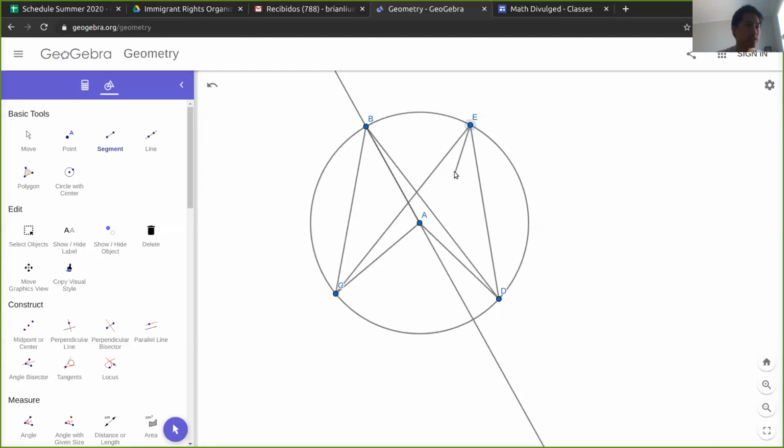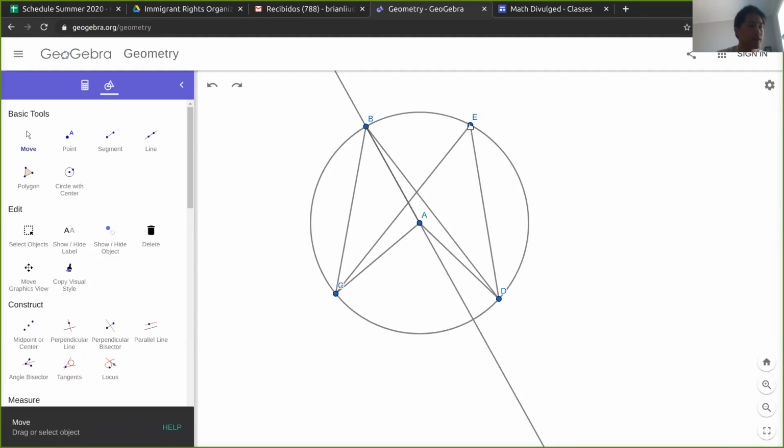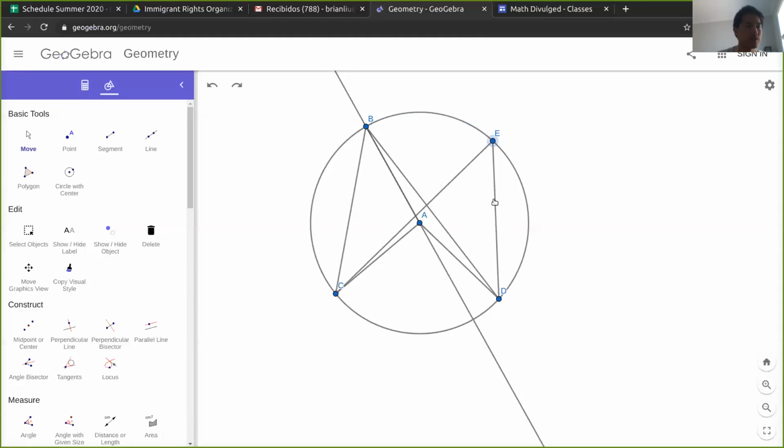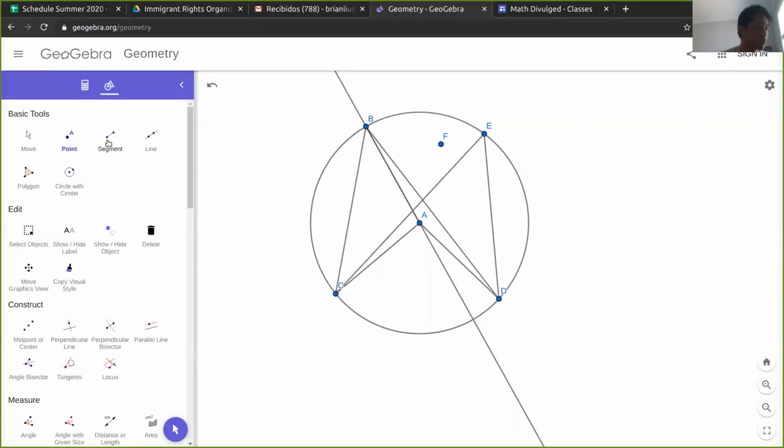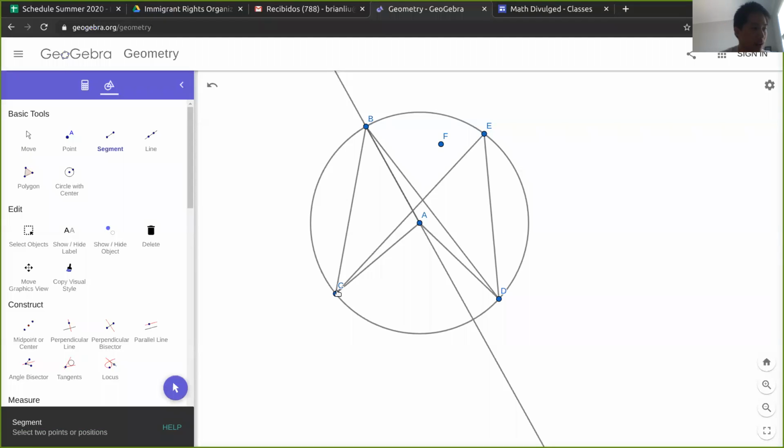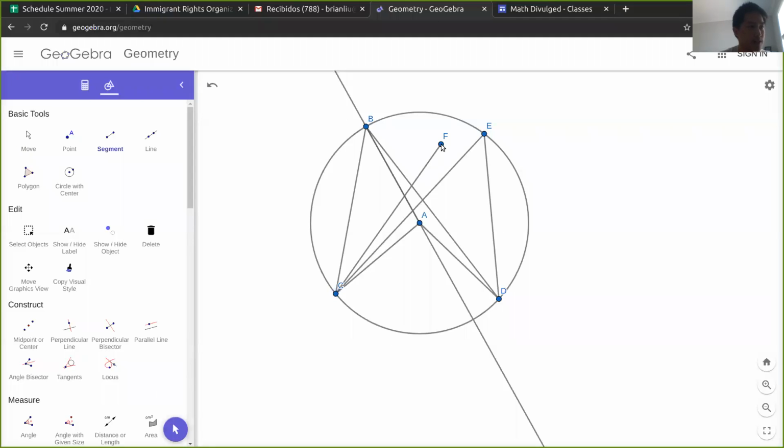If E is some other point, like so, for all points E, this angle is equal to this angle. But if E was somewhere inside, then what would happen to that angle? If E was like here, then how would CFD, that angle, relate to CBD?